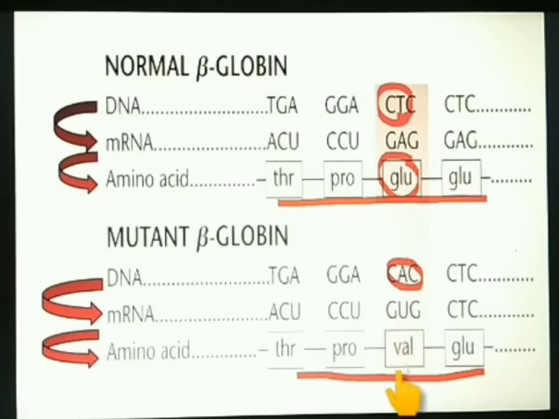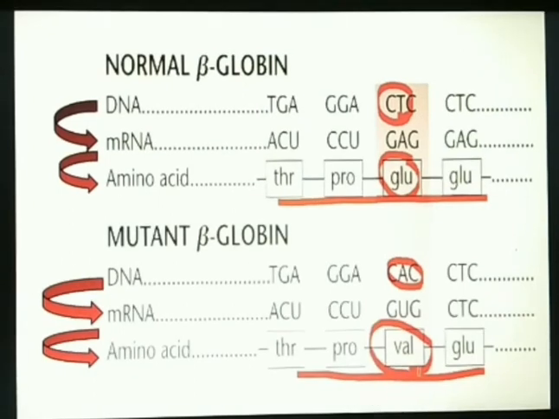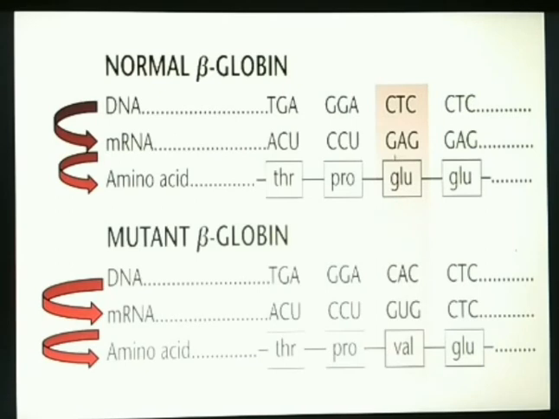We can see in the mutant beta globin chain, right? And this happens because of one nitrogen base. We can see here in mRNA, adenine is replaced by U, right? And this is because of the mutation that has occurred at this site on the DNA sequence.